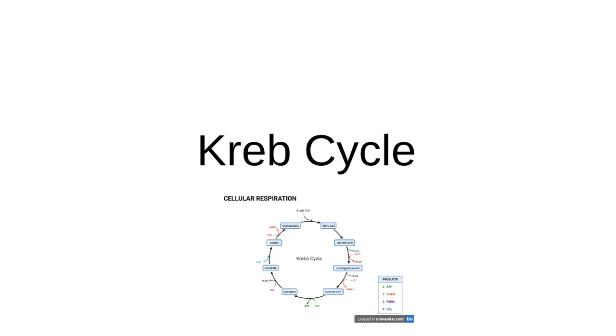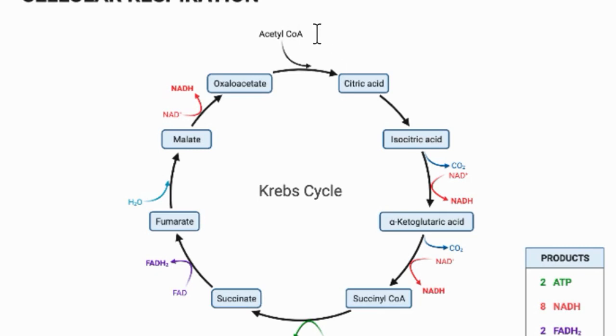We start with your acetyl-CoA, which is the product of your glycolysis. When you come down, Krebs cycle, you get a water that comes out, and then you produce 2 carbon dioxide molecules. Here you get your NAD+ into NADH, you get 2 more CO2, and your NAD+ turns into your NADH.